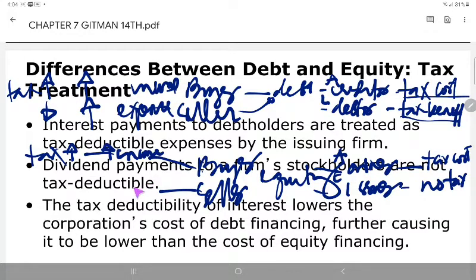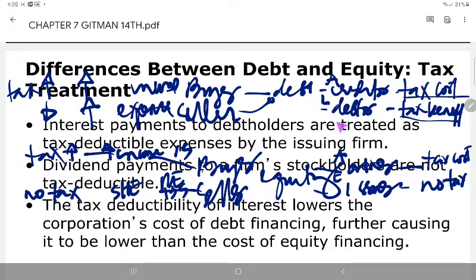Eh pag seller ako, di ba sabi natin, saan siya nakalagay? Stockholders equity sa retained earnings. Sa balance sheet, dito sa income statement, dito sa balance sheet. O di, there is no tax. Okay? So, parehas naman pala na yung kung ako ay issuer, parehas palang beneficial when it comes to perspective ng tax.